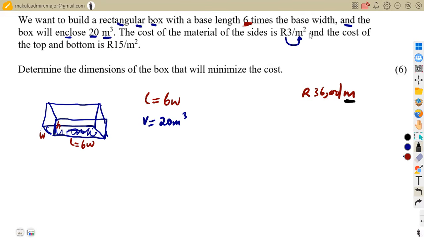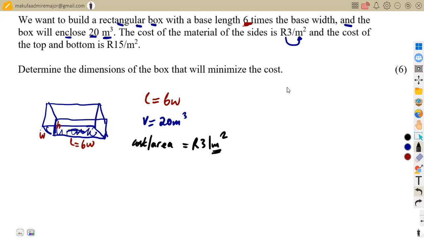But now they're saying per square meter. It's no longer per unit length. It's now per area. So the cost is given per area, which is 3 rand per square meter. That is the idea. It's per area.